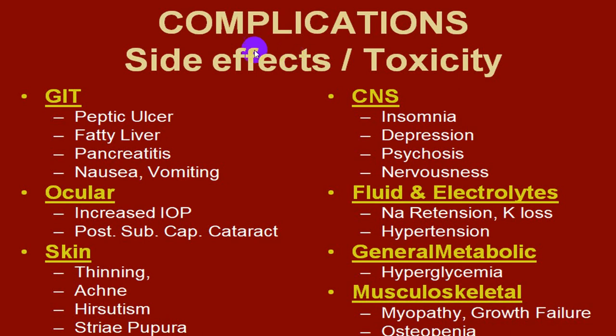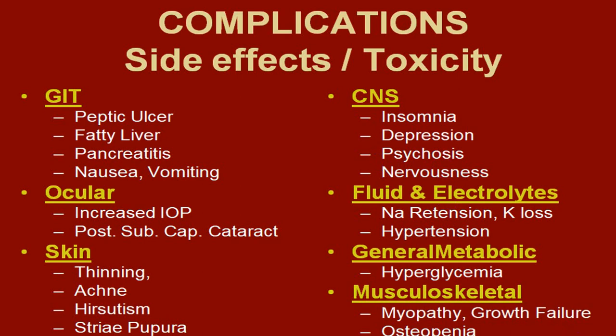And in the GI tract: peptic ulcer, fatty liver, pancreatitis, nausea, vomiting. In the eye: raised intraocular pressure, and it can produce cataract. In skin: thinning, acne, hirsutism, purpura. In the CNS: insomnia, depression, psychosis, nervousness.